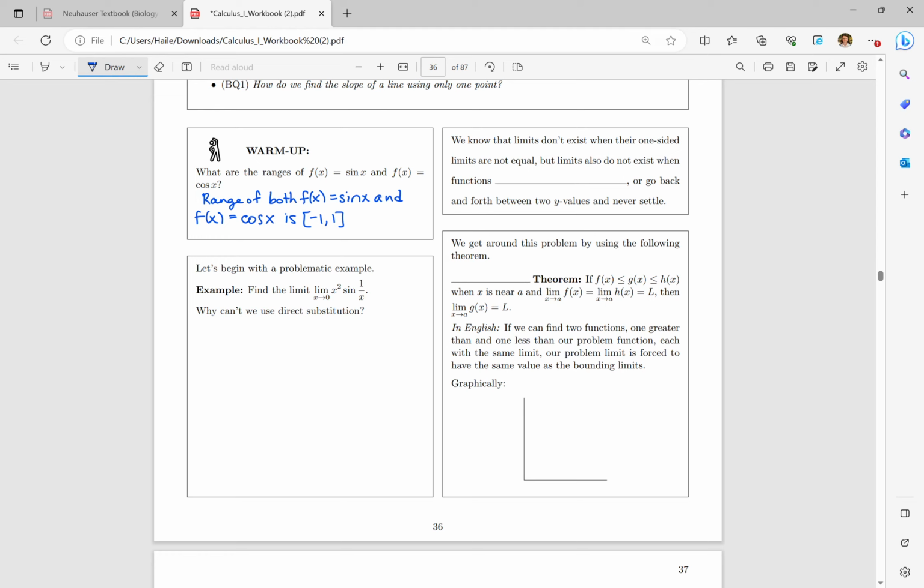Find the limit of x squared times sine of 1 over x as x goes to 0. First of all, let's think about why we can't use direct substitution. Suppose we do direct substitution.